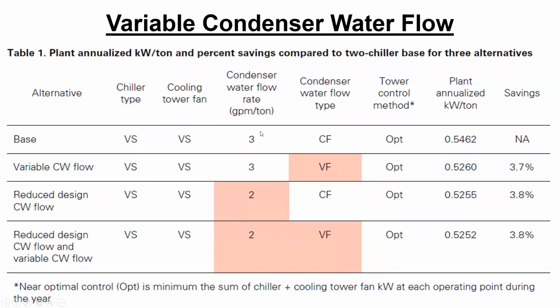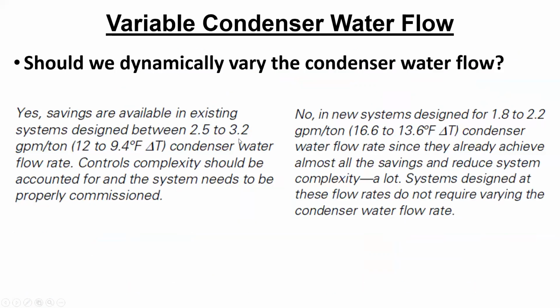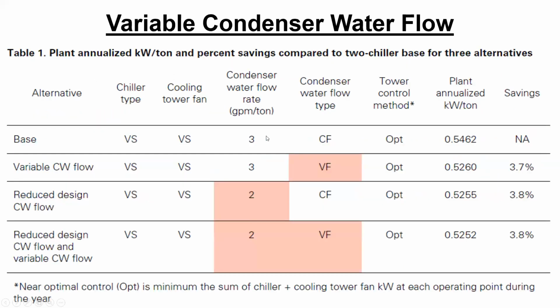Condenser water flow rate is around 3 gallons per minute per ton. If I go to the previous slide, 3 is on the larger GPM per ton side, the older system I was talking about. And the condenser water flow rate is a constant flow. The power control method is the optimum condition, so all of them are optimum.